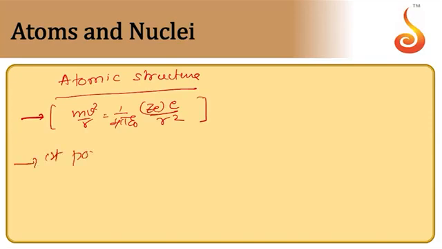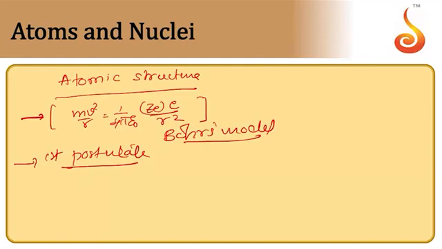The first postulate of Bohr's model is about the stationary orbits. Electrons cannot revolve in all those orbits as suggested by classical theory, but only in those orbits for which the angular momentum is equal to an integral multiple of h by 2 pi.